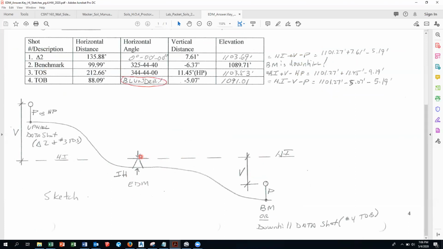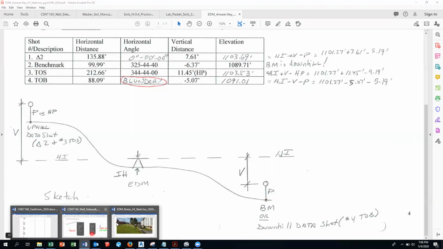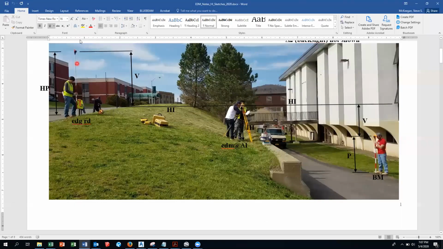So in a way, you can use your total station for checking elevations. This is the prism height. And the only place it says HP, which is high prism, in other words, the prism was extended, right? This prism has been extended. You can see the difference between the two right here and right here.